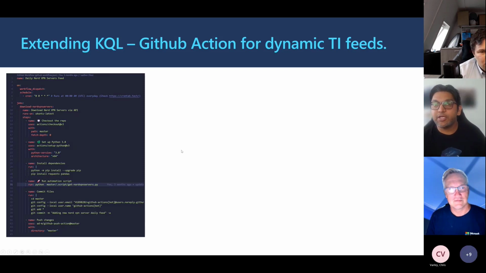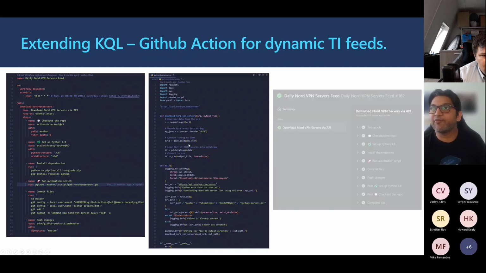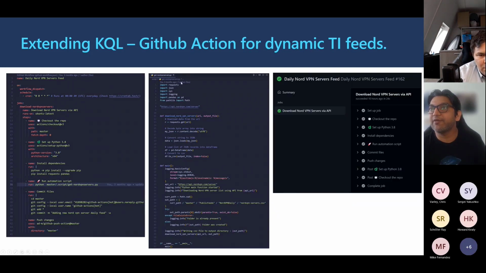All right, so I'll quickly cover these things. This is a framework where, again, I've used a Python script. You can use PowerShell or any other language for that matter. The key is you just want to execute that script in a recurrent fashion and get that data dumped out.